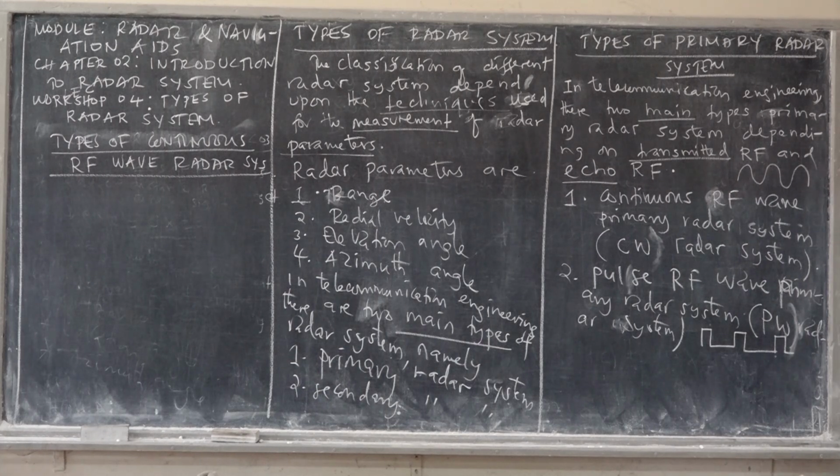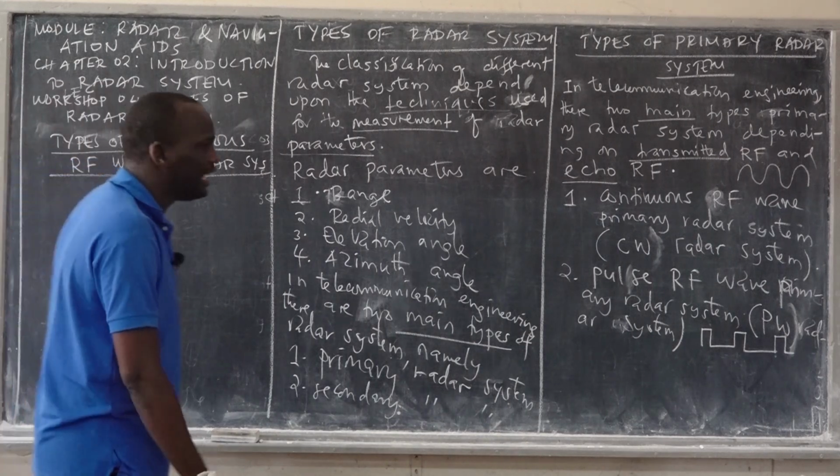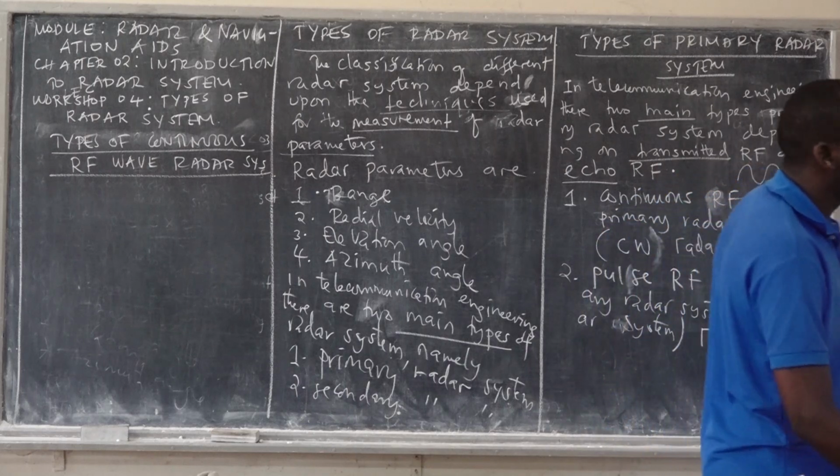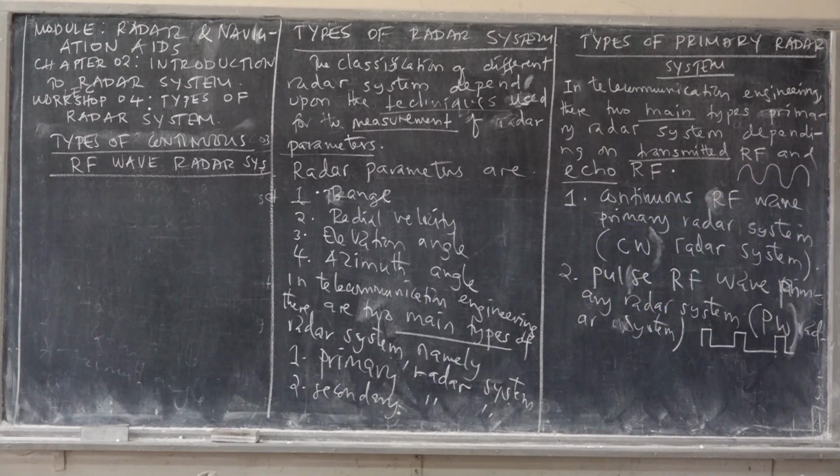So it means that the factor to classify the types of radar is whether the transmitted or the echo radio frequency wave is either modulated or unmodulated.